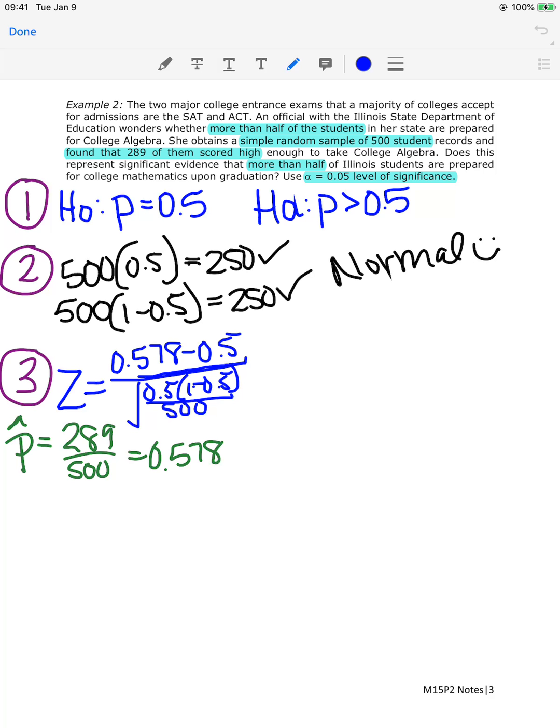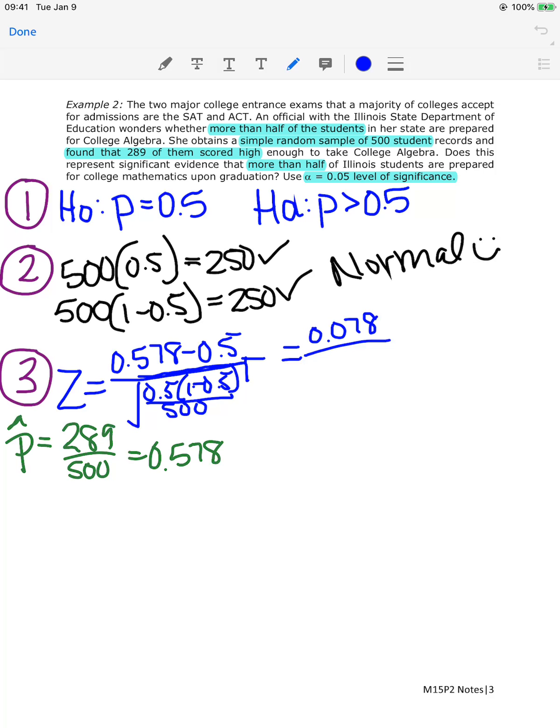And remember to take the square root of that. Okay, so this first piece on top becomes 0.078. And we divide that by the square root of 0.5 times 1 minus 0.5 divided by 500, which is 0.02236066798.